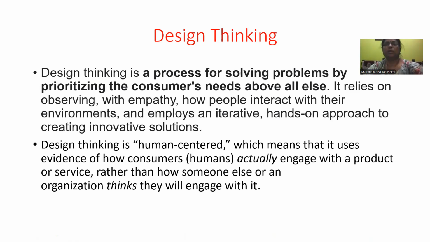So it may be an animal soap also that can be designed under the design thinking problem. And design thinking here is human centered, which means that it uses evidence of how consumers, that's the humans, actually engage with a product or service rather than how someone else or an organization thinks they will engage with it.